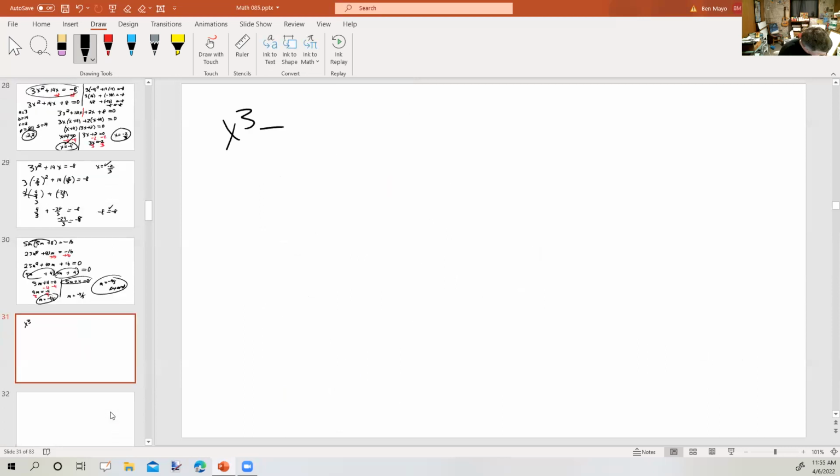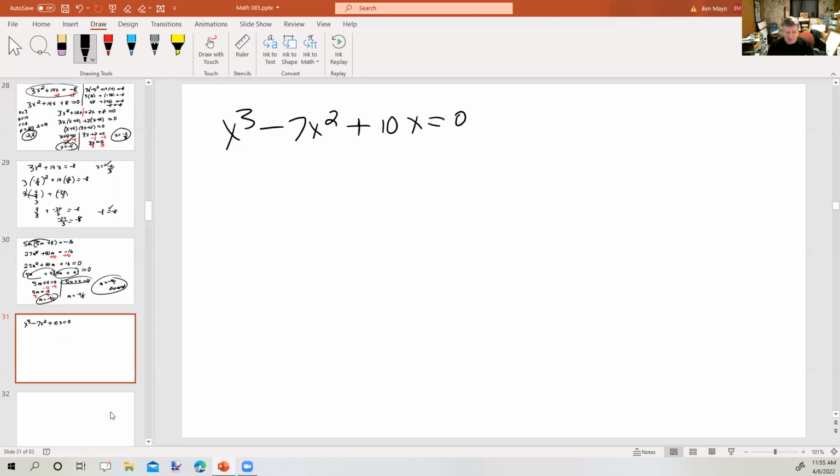X cubed minus 7x squared plus 10x equals 0. This is a 3rd degree equation. It's in standard form. It's in descending powers of the variable, and it's set equal to 0.